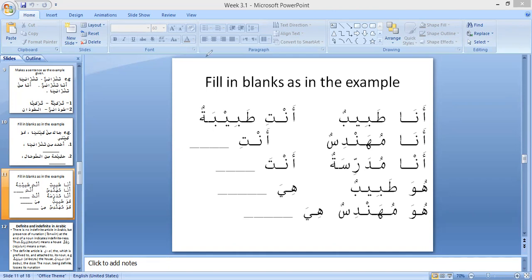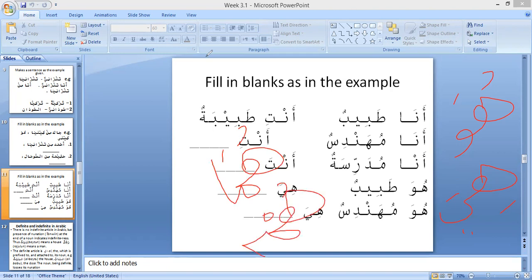So the third person is huwa, which is he. Hiya means she. Huma means they, dual, they are two.